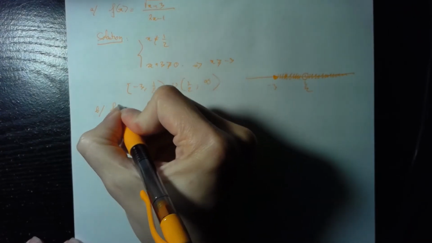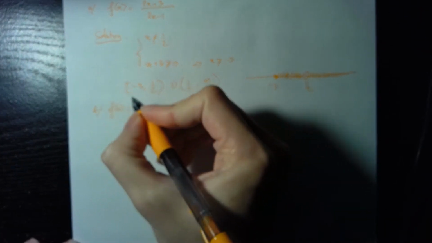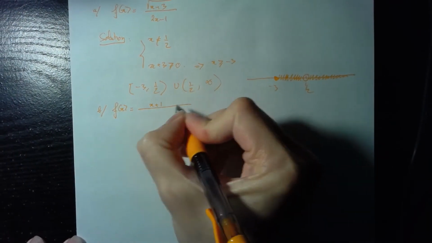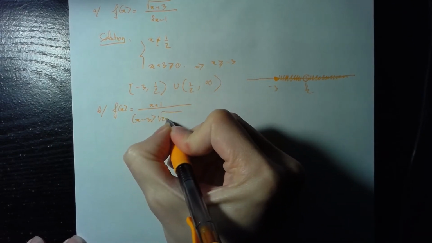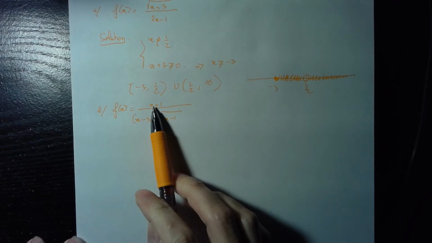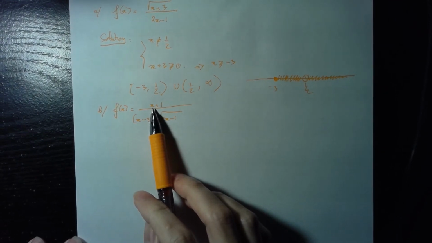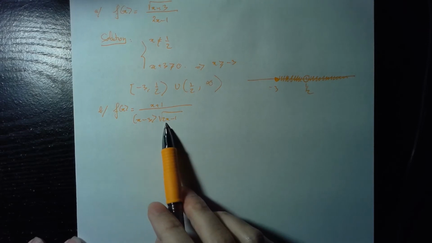For function B, I realized that on the top there's no radical, so we don't have to consider the top. We just need to consider the bottom.